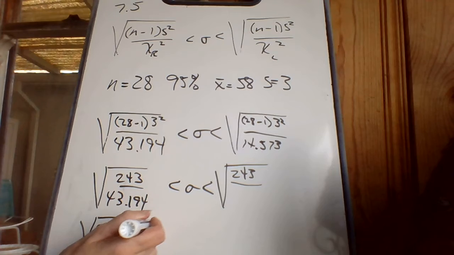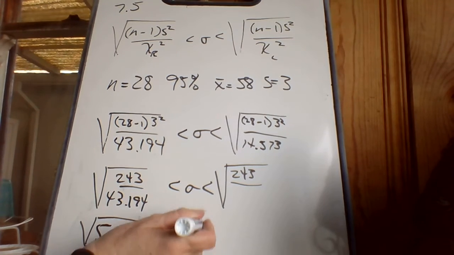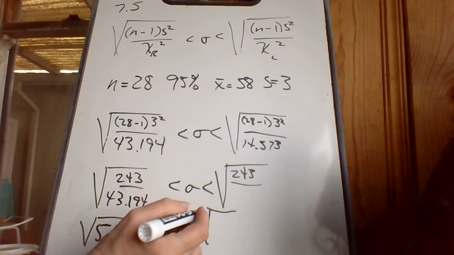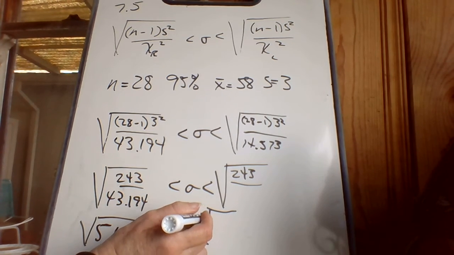All I did was the division. 243 divided by 14.573 is 16. I called it 68 in the notes. I don't know why I didn't round consistently. Let's call it 16.675.